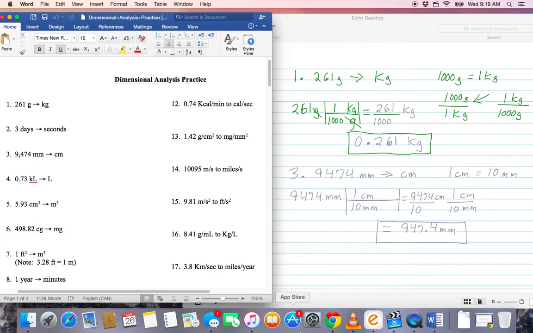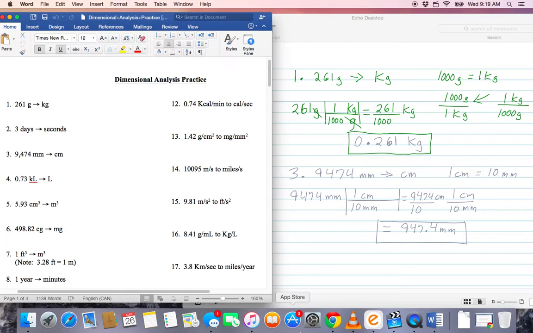Remember, our operation on the top, the up and down line, that is multiplication, and the horizontal line is division. So we have 261 times 1, which is 261, all over 1,000. Our unit that is left is kg. How do we know that? Well, we're getting rid of grams and grams.